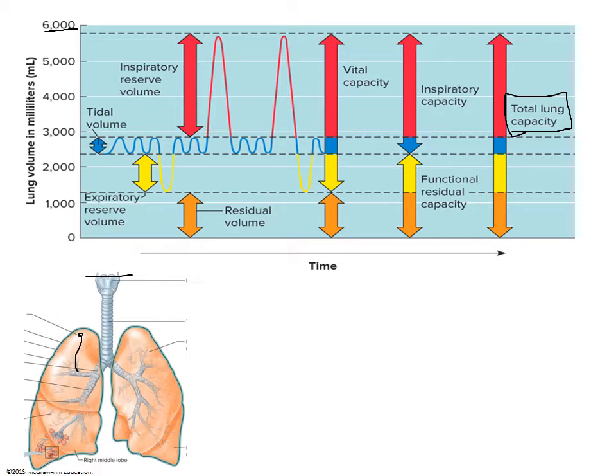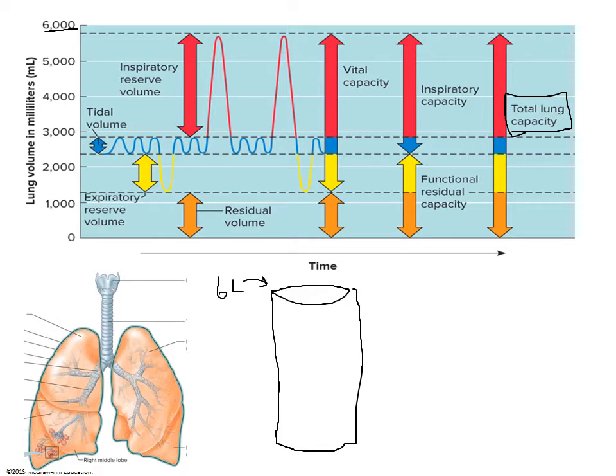And so that's what we're looking at with these volumes, trying to figure out the different divisions. So if I had a tube that was 6 liters, we'll say, and this was the air, the total capacity, all right, 6 liters.